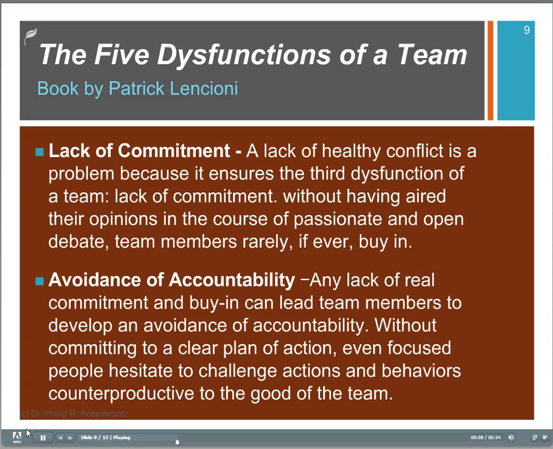People that are afraid to get engaged also find that they're never willing to buy in or get committed. And because they're not committed, that leads to the fourth dysfunction. That's avoidance of accountability. Since they lack commitment, they don't really see a need to be engaged, and they avoid accountability. They're not really interested.